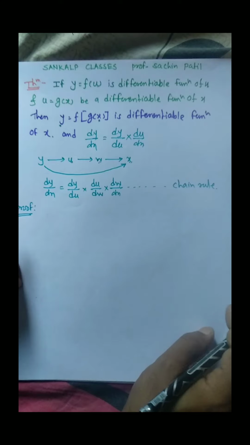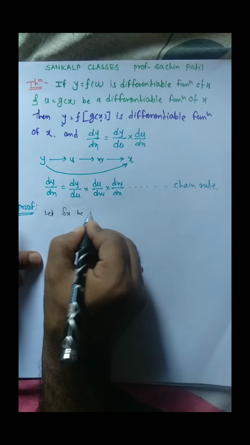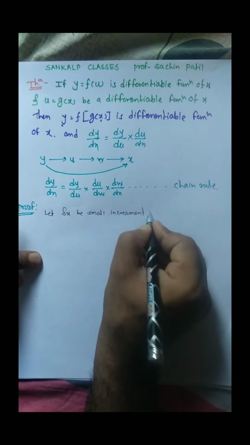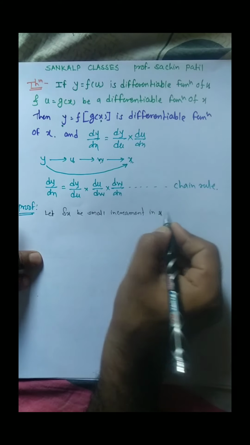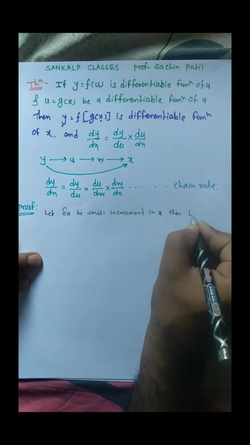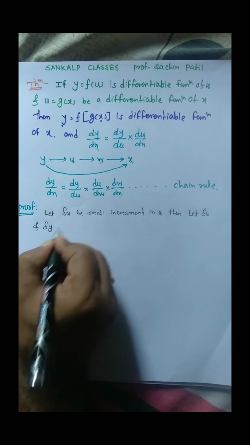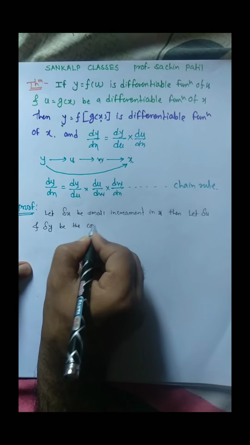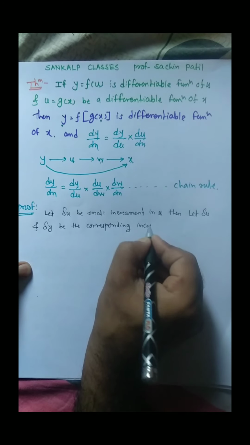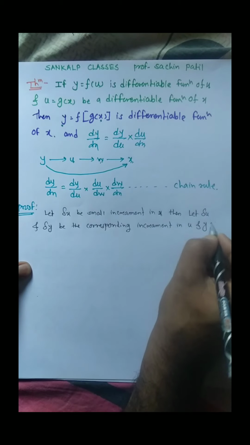Inside this, we have to consider, let delta x be a small increment in x, then let delta u and delta y be the corresponding increments in u and y respectively.